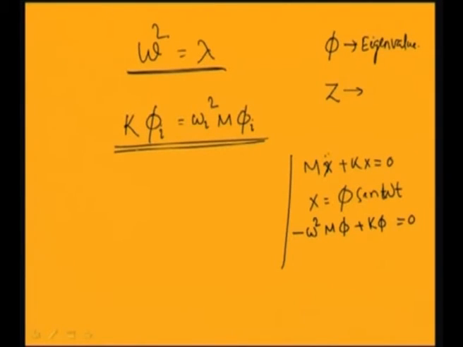Or I can write this, for the ith mode, as k phi I equal to omega I square m phi I.